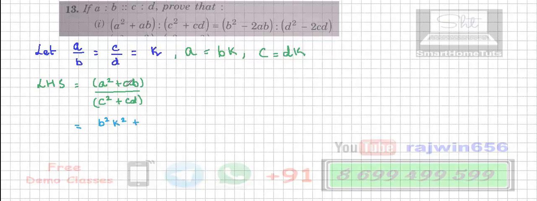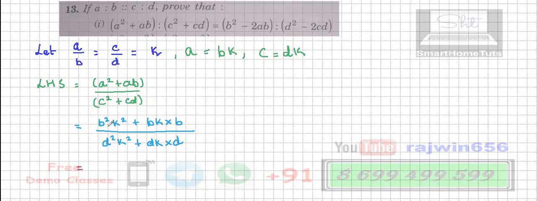plus A, that is BK, multiplied by B, divided by C square, which is D square K square, plus C into D, that is DK into D. Just check what you can take common.